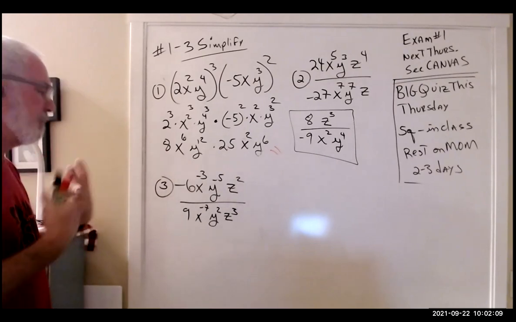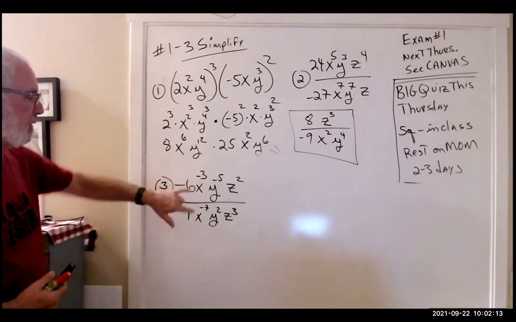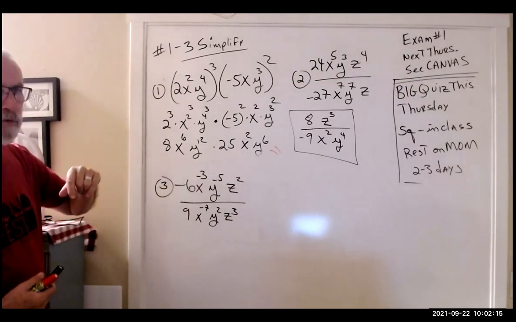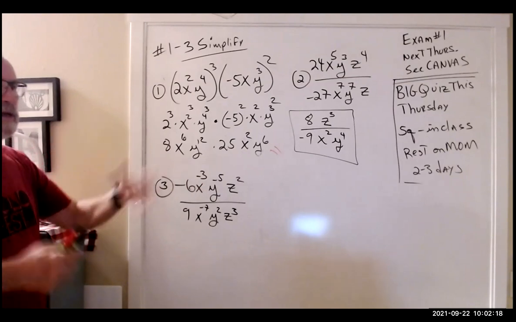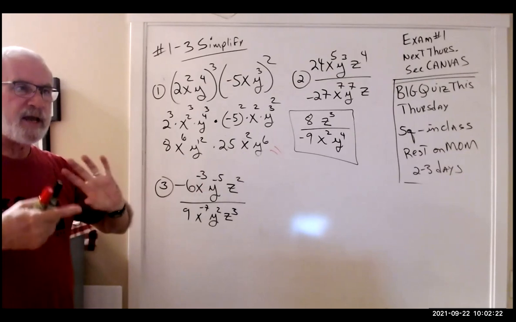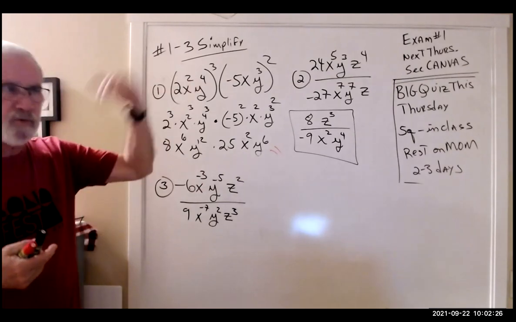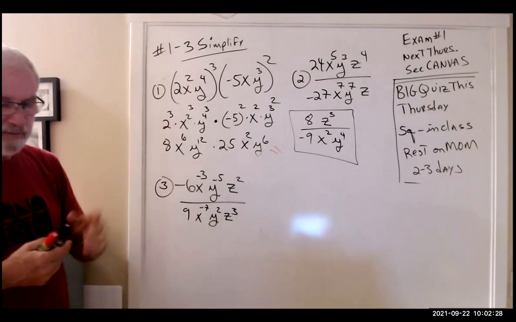Personally, I and many other instructors prefer to get rid of all negative powers at the very beginning. And to get rid of negative powers, you just flip. Negative powers flip. If they're in the top, they flip down. If they're in the bottom, they flip up.